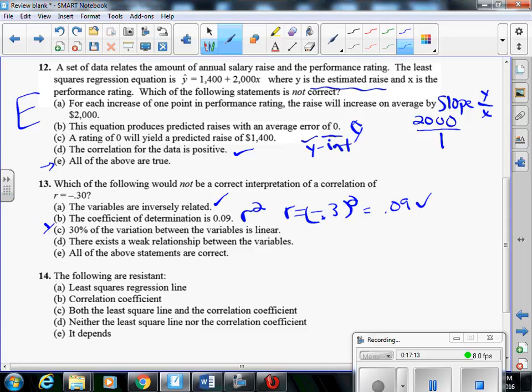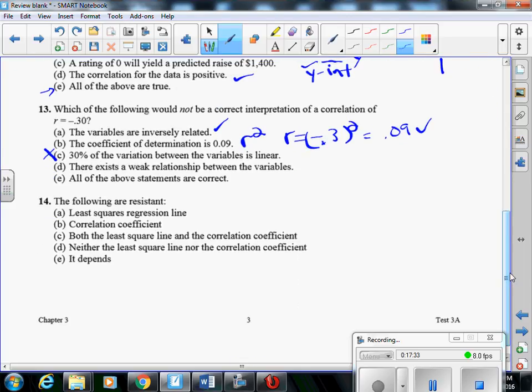So this one is not word for word what we're looking for. D, there exists a weak relationship between the variables. I would say negative 0.3 is fairly weak, so yes, that one's true. And E, all the above statements are correct. Well, that's not true either. I guess technically you could pick that one, but C is the one that is definitely incorrect.